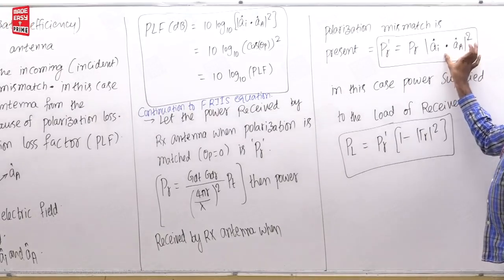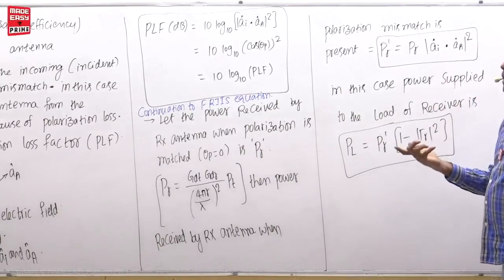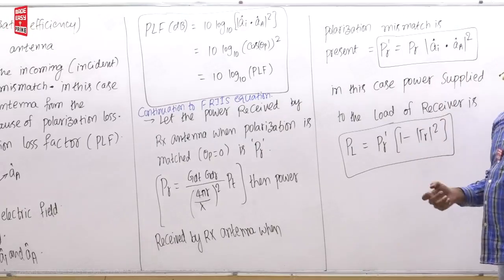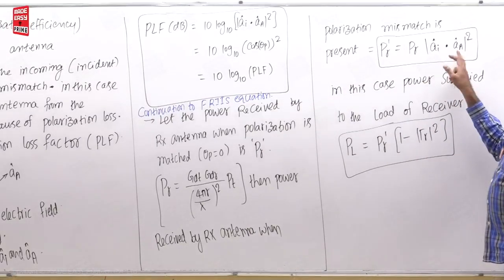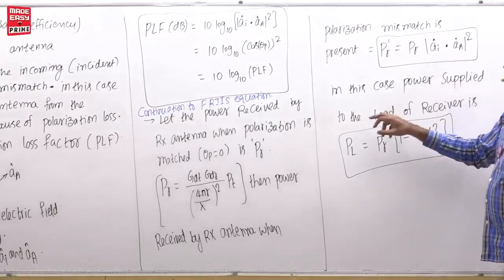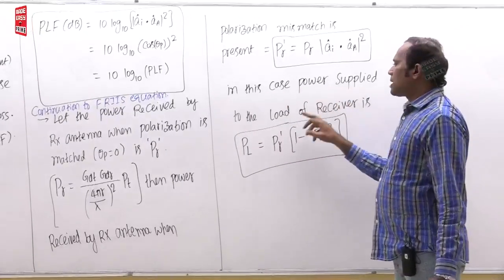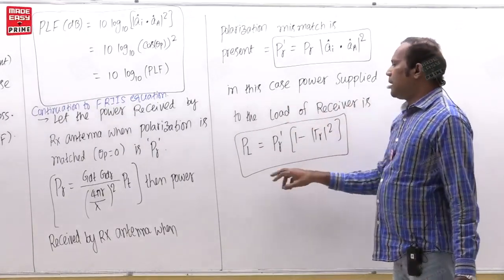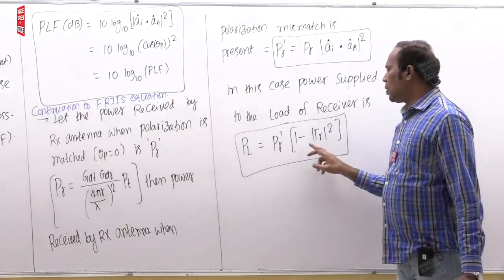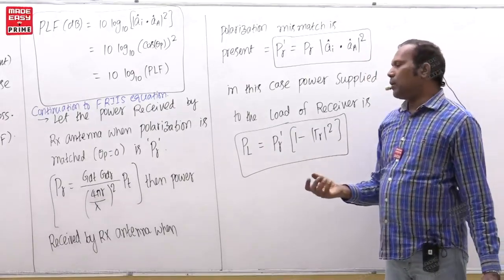That is generally less than 1. If there is no polarization mismatch, then theta p is equal to 0 and that factor becomes 1. Now in this case, the power supplied to the load of the receiver is PL is equal to PR dash into 1 minus gamma r square.